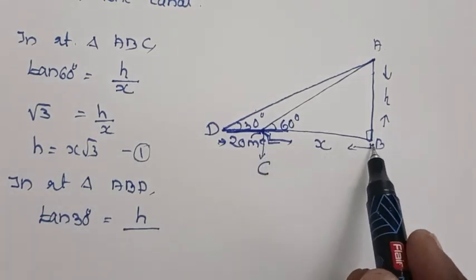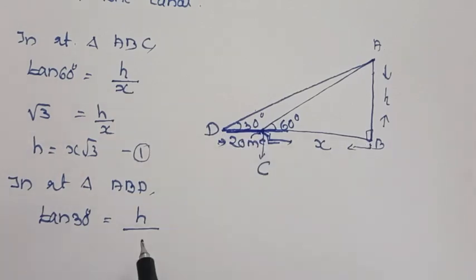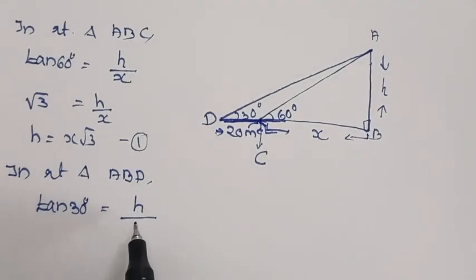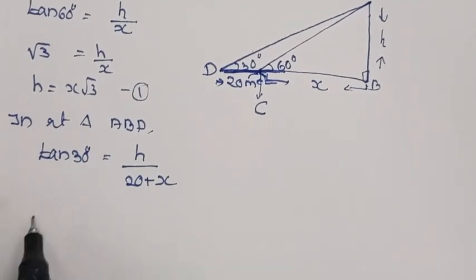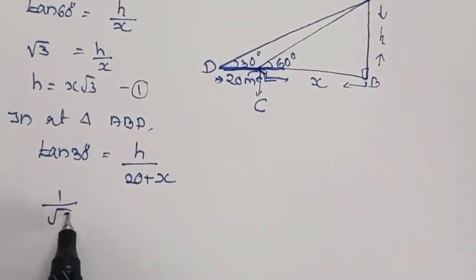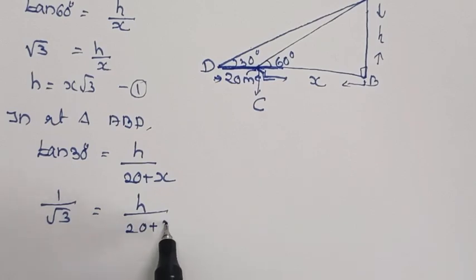This much is equal to x, the width of the canal, and the remaining is 20 meters. Opposite side h, adjacent side 20 plus x. Tan 30 is equal to 1 by root 3. So 1 by root 3 equals h by 20 plus x.